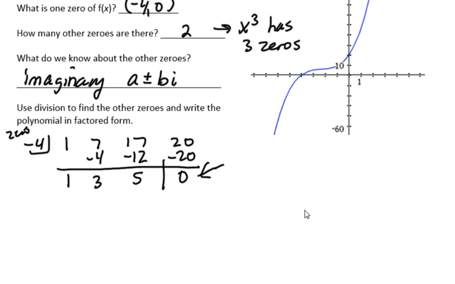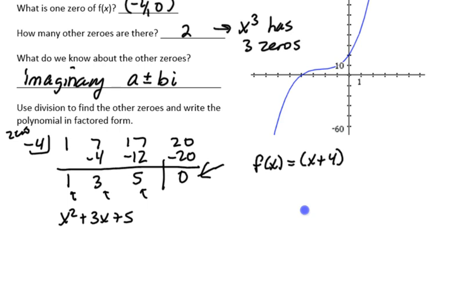This means this is the remainder, so this would be my constant term, my x squared term. So this is x squared plus 3x plus 5. So this means the polynomial factors to x plus 4, that gives us our 0 of negative 4, and x squared plus 3x plus 5. So I've actually factored the polynomial into a linear factor and a quadratic factor.